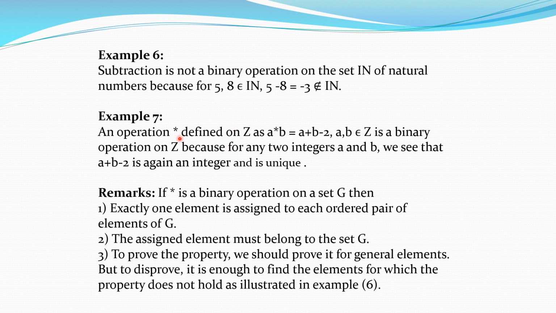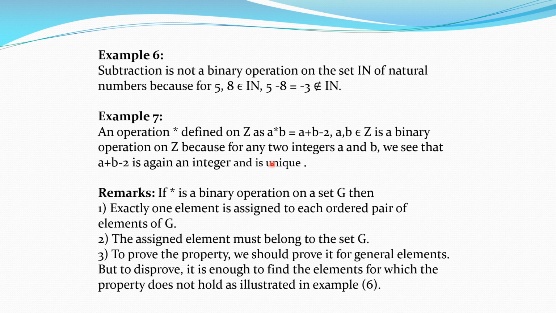So in this way, A star B is nothing but the first number A plus the second number B minus 2, according to the definition of star. Now see, for any two integers A and B, A plus B is again an integer. And if we subtract 2 from that integer, then definitely it is an integer. So this star is a binary operation on Z. So these are some examples.